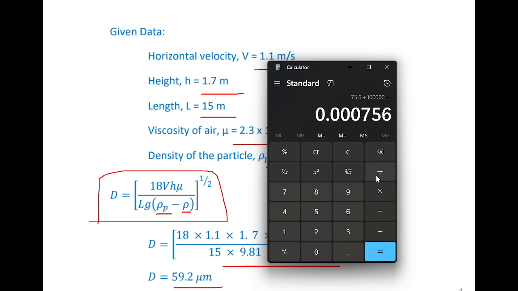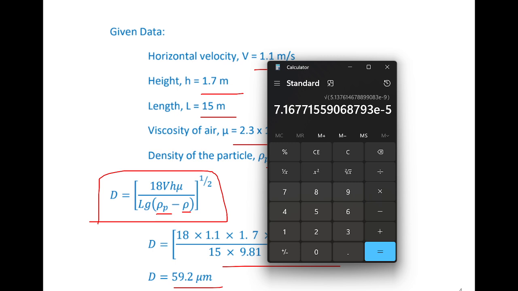So total divided by length, 10 meter, divided by 9.81, divided by specific particle 1500. I can take as 1500 itself. I will neglect this. So if you take root, the answer is 7.16.